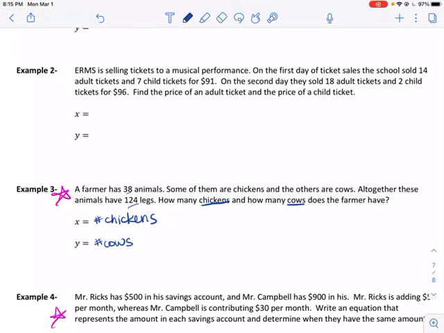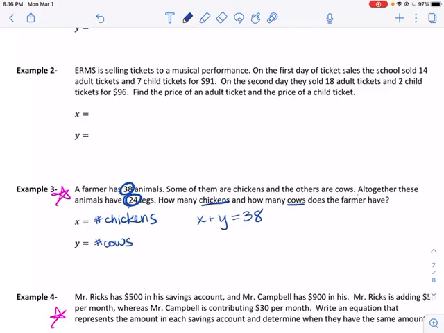Now I need to make some equations that relate these. So apparently he only has chickens and cows, and he has 38 total. That tells me that the number of chickens plus the number of cows equals 38. Then there's this other number over here, which doesn't have to deal with the number of animals. It has to deal with the total number of legs.